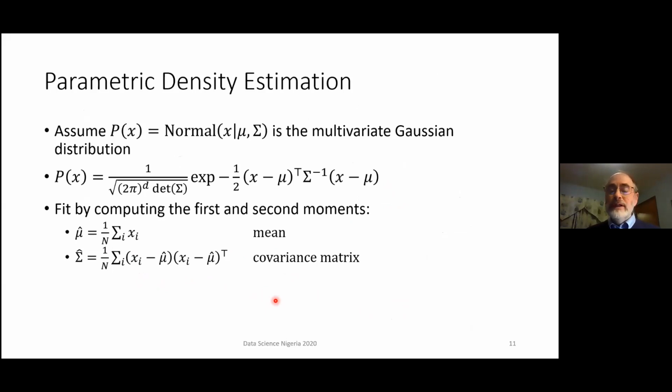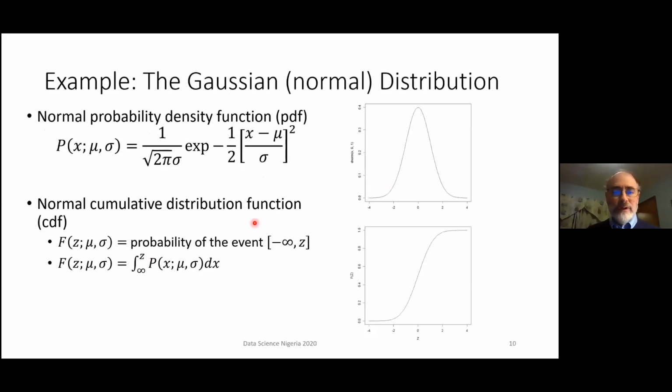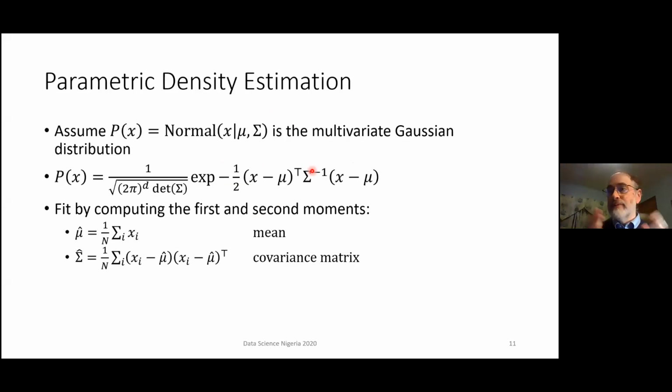Okay, suppose I'm given my vectors, and I actually want to estimate a probability density. This definition of the normal density is for one dimension, but there's the multi-dimensional version of the Gaussian distribution, in which instead of sigma we have the covariance matrix, capital sigma, and we calculate the matrix inverse of it.